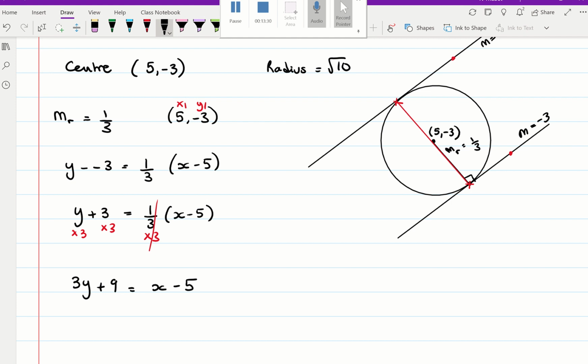And I'm going to make it in terms of x. I think that will make it much easier. So I'm going to add 5 and add 5. So that's 3y plus 14 equals x. So that's the equation of the radius or the diameter.